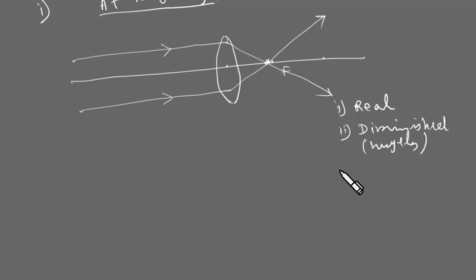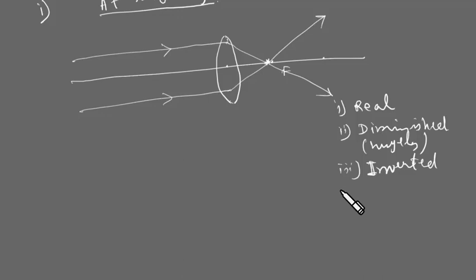Alright, then the next property is that it is inverted. Why is it inverted? Well, we will consider another case and we will see why we call it inverted, because in this case we don't know if it is inverted or not, but we will see.